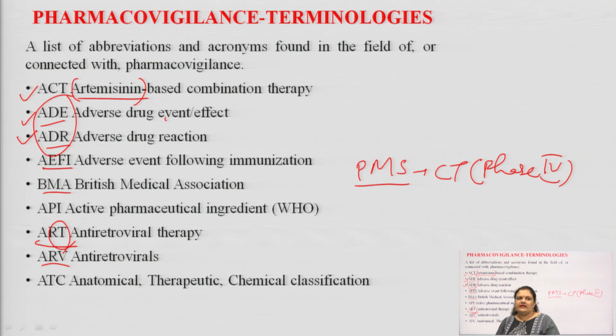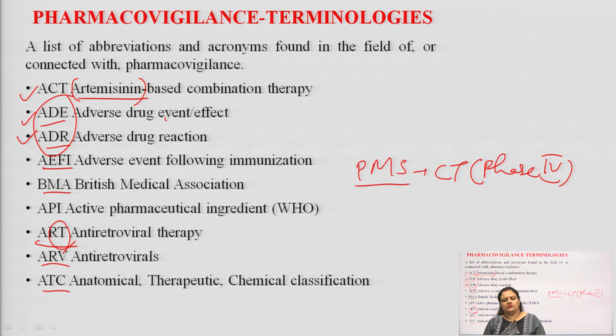Okay, students. Next come to the ATC. I hope most of you remember this ATC because we covered it in lecture number 10, our just previous lecture. ATC full form is the Anatomical, Therapeutic and Chemical Classification of Drugs.